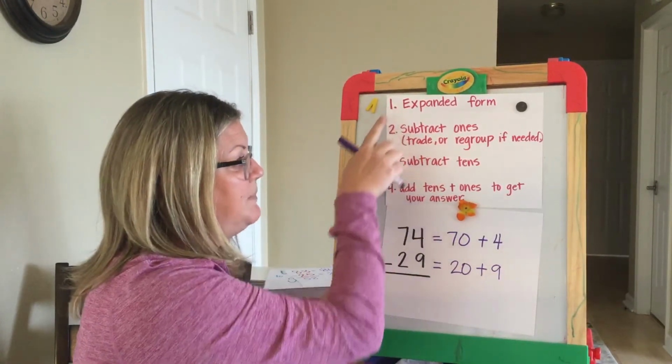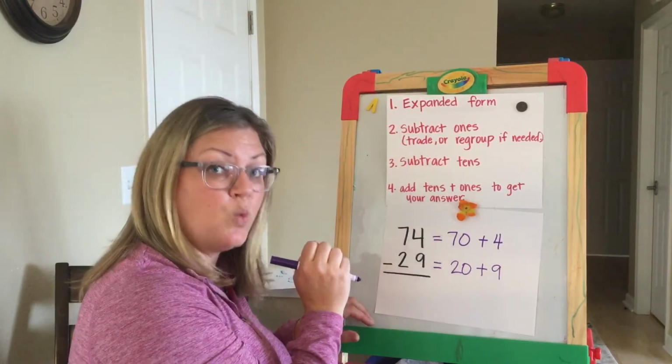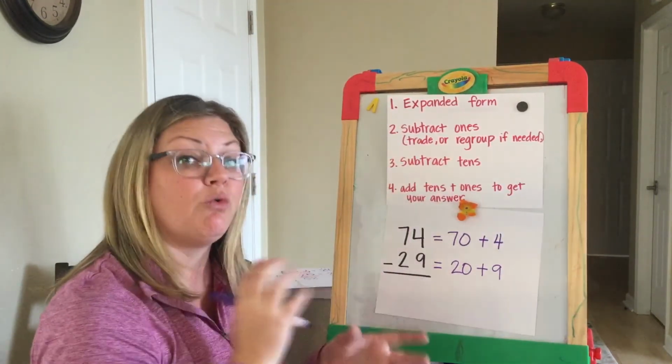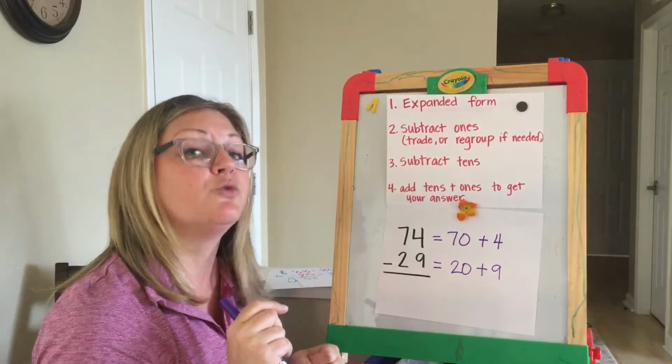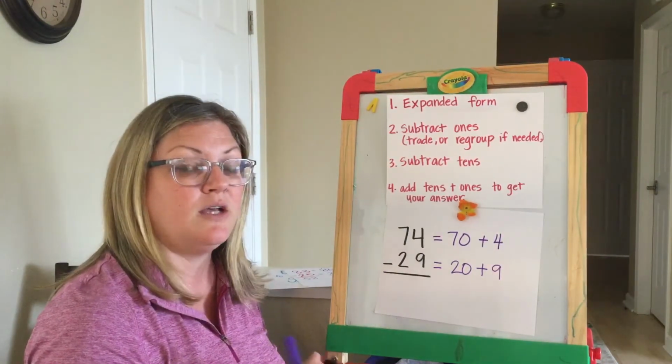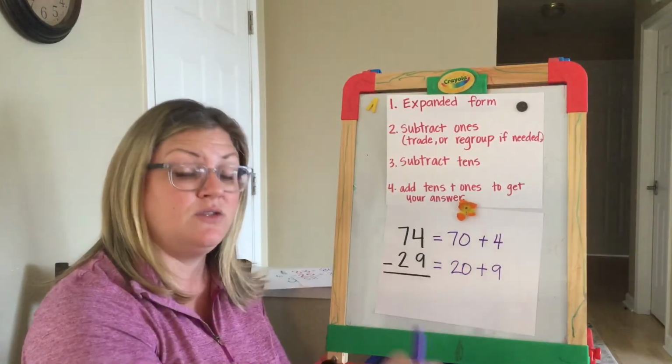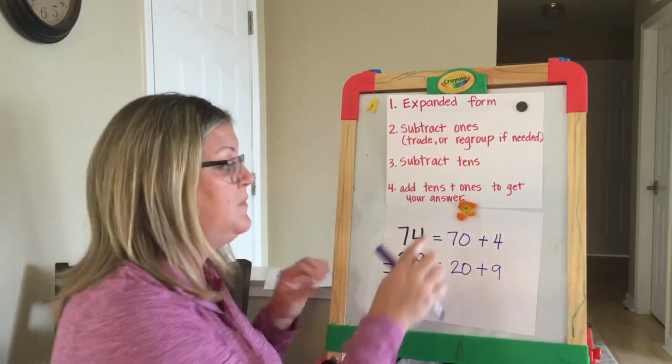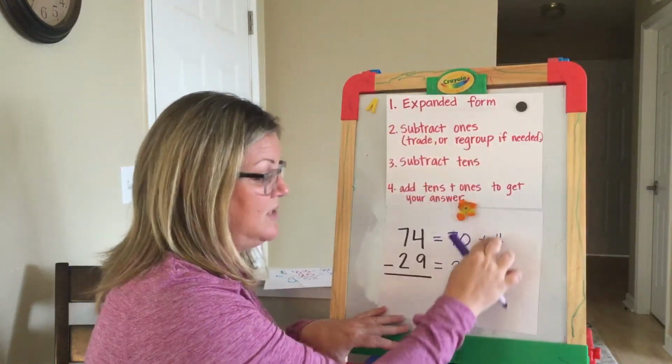So that was my first step. Number 2, subtract the ones, trade or regroup. That's the fancy math word we want to use, regroup if needed, because re means again, and so we're going to group them again. So subtract the ones, that's over here.